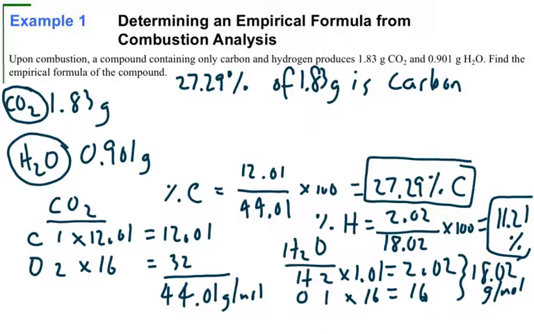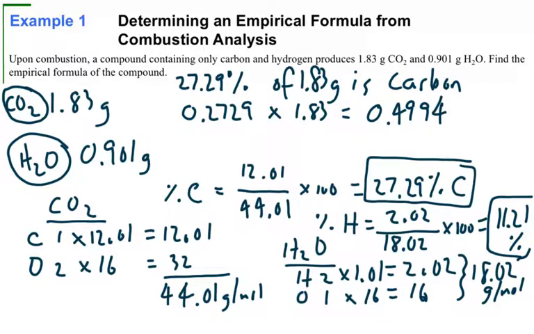Mathematically, you can do this: 0.2729 times, which is what the word of is, 1.83 is going to be equal to the mass of just carbon from the 1.83. Now, when you do that, you get 0.4994. We could have just kept it at 0.499. So this is how many grams we have of carbon.